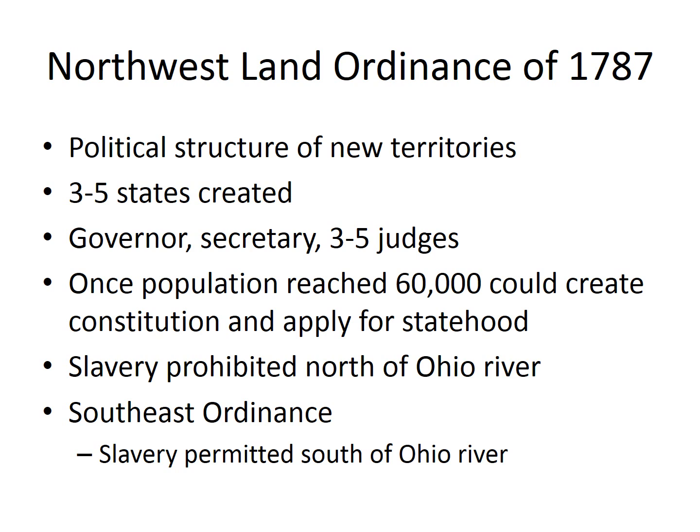The Southeastern Ordinance, which is a subordinance of the Northwest Land Ordinance, says that slavery will be permitted south of the Ohio River. Now, we want to pay attention to these lines. This will become an extremely significant point later on, especially when we get to the Missouri Compromise, and I'll reserve the discussion of that until then.